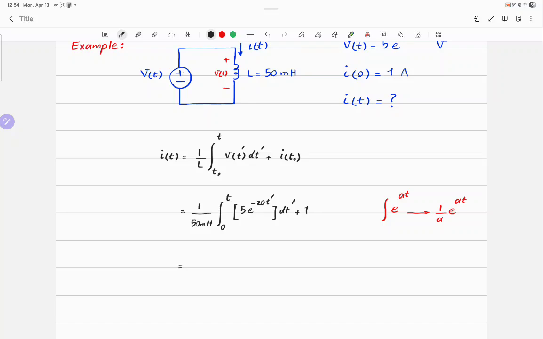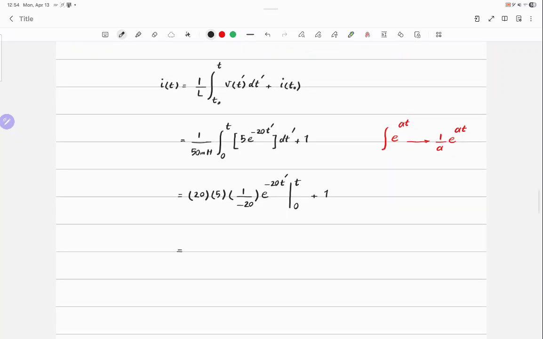What is 1 over 50 milli? It's like 1,000 over 50, which is 20. So I'm going to write 20 here. Then 5 comes out of the integral. And the integral of e to the negative 20, what is it? 1 over negative 20, e to the power of negative 20t' from 0 to t, plus 1.